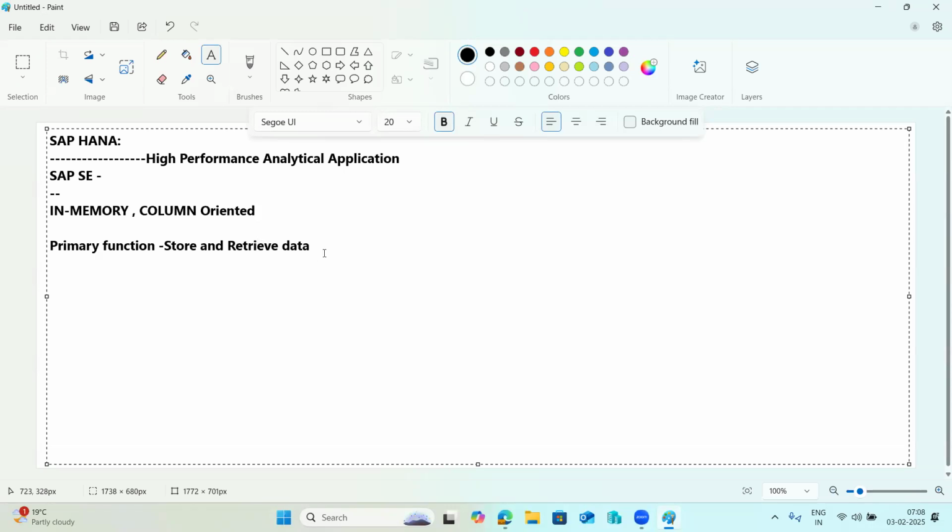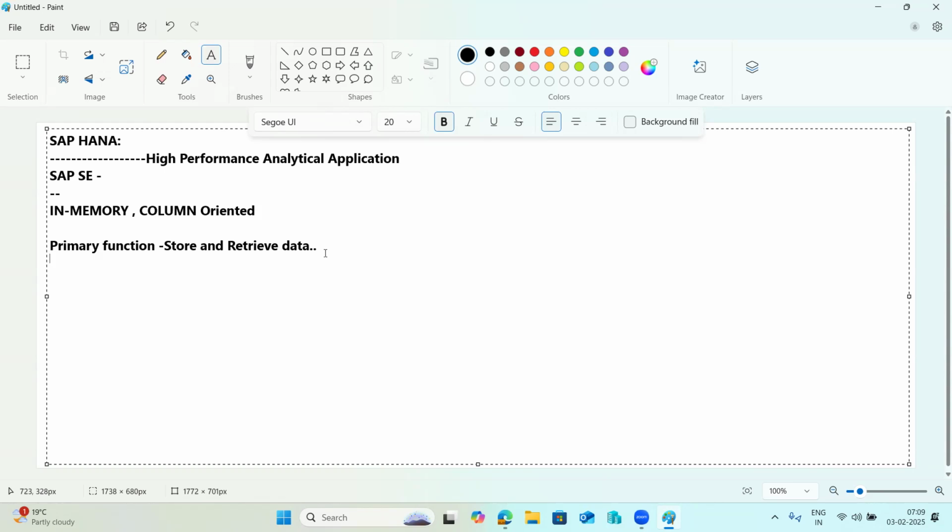In addition to just storing and retrieving the data, it performs advanced analytics. It has analytics capabilities: text search, text analysis, streaming analysis, graphical data processing. These advanced analytical capabilities are there, and it also includes ETL capabilities.